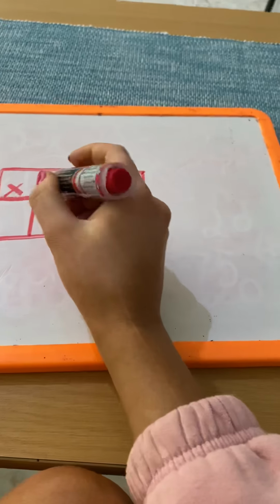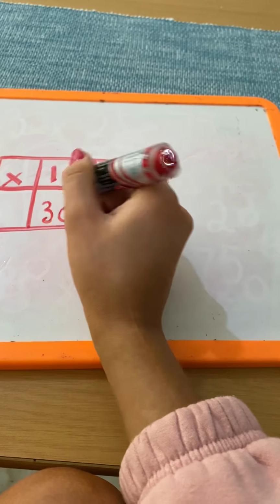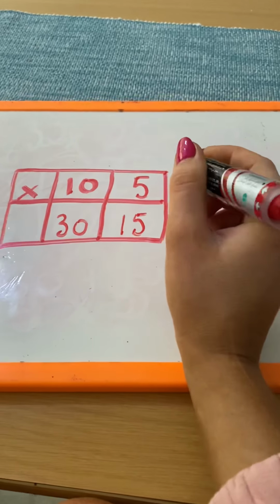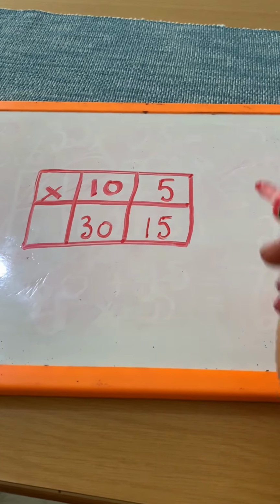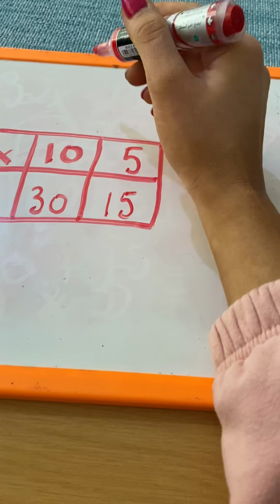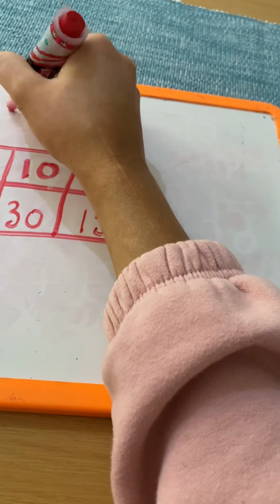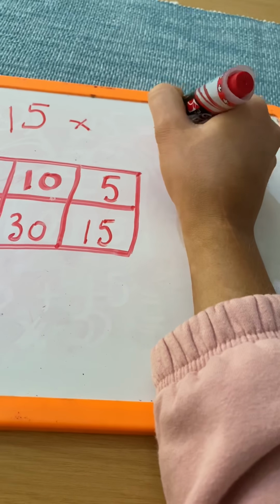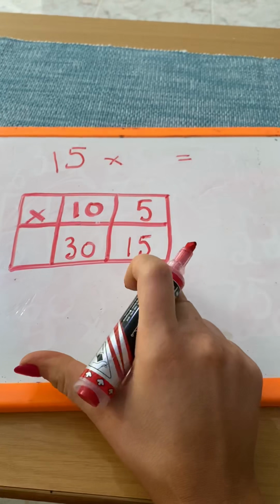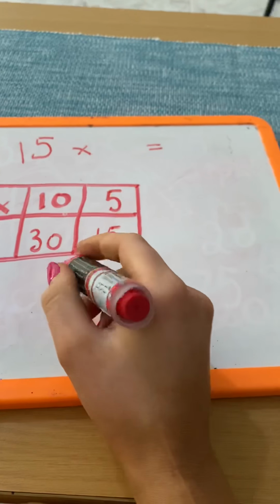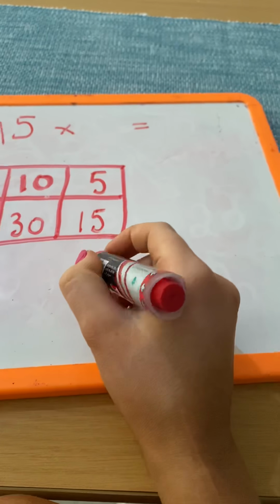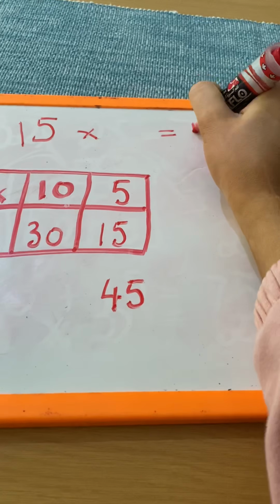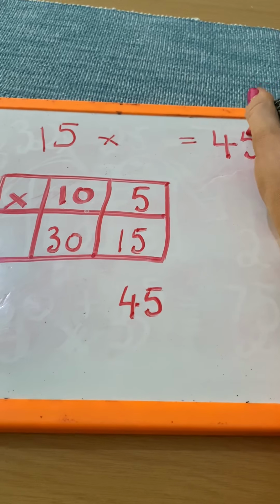Now here we have the number 30, and here we have the number 15. Okay? And up here we know that 10 and 5 is 15. We have our multiply sign. We can figure out our answer because 30 plus 15 is 45. So we have our answer here.